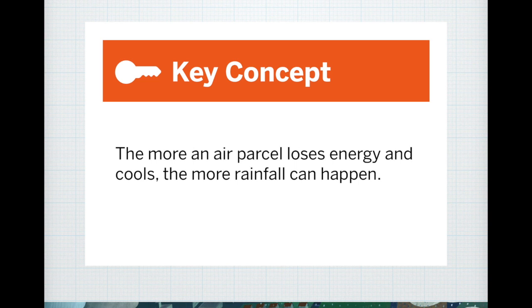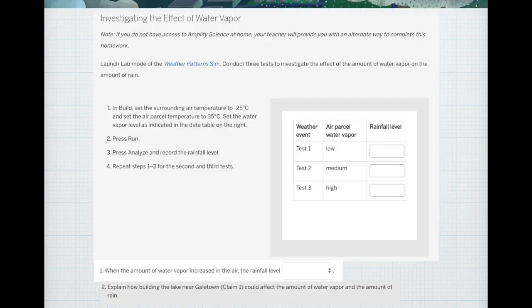So for homework, I want you guys to look at the homework on page, let me just make sure I get the right page for you guys. I believe it's page 28.